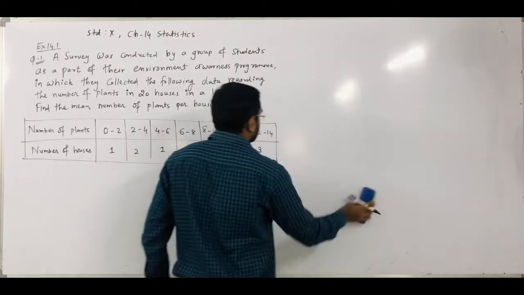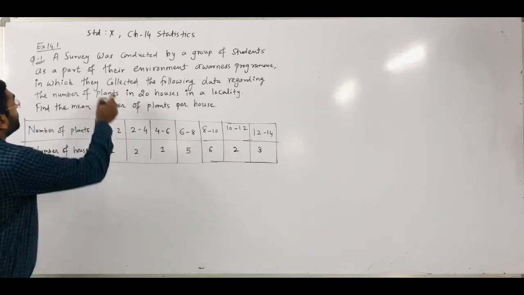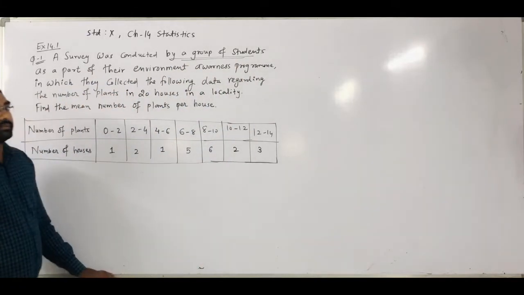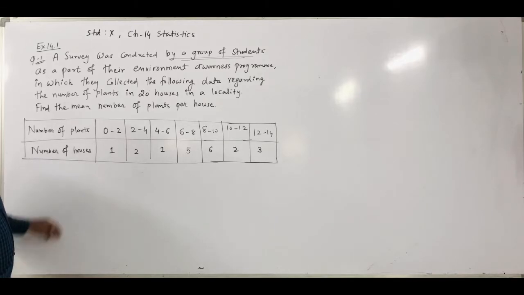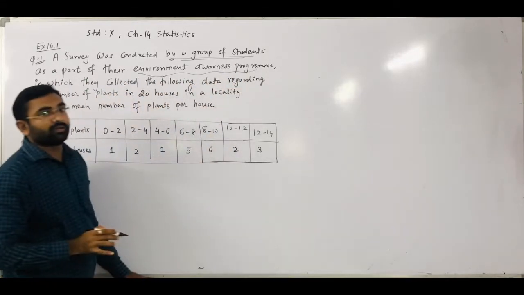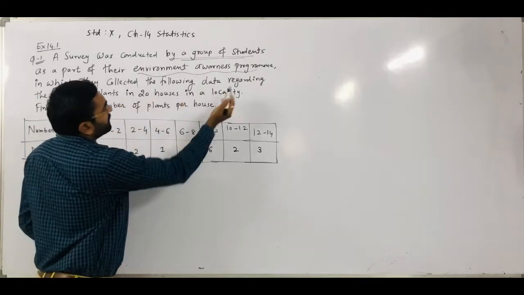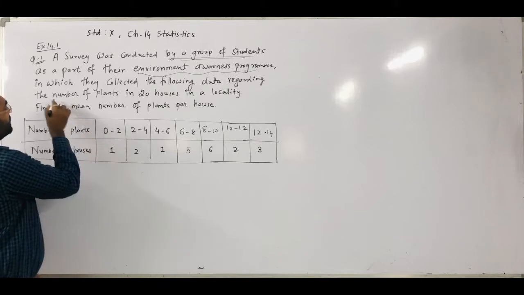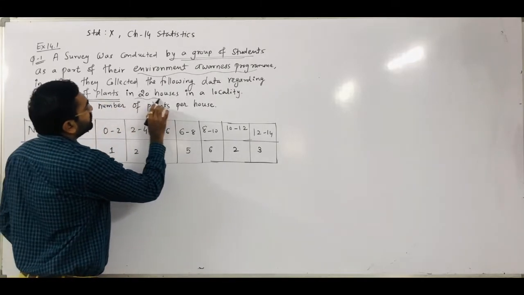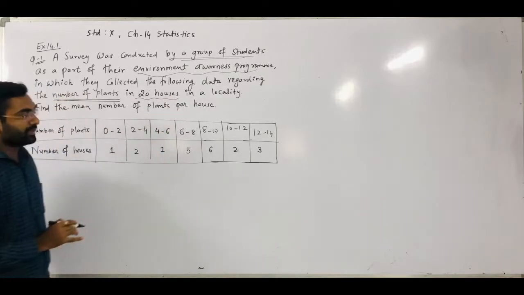Now here is question number 1. A survey was conducted by a group of students as part of their environment awareness program, in which they collected the following data regarding the number of plants in 20 houses in the locality.